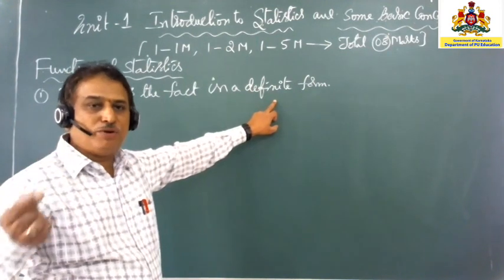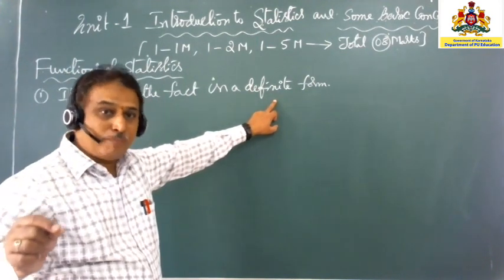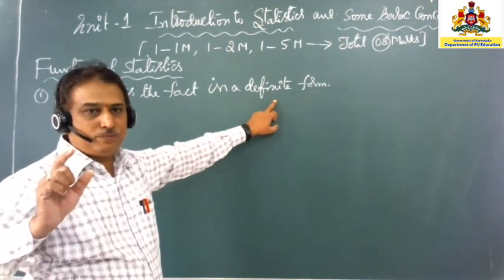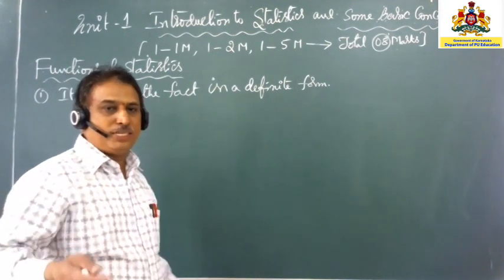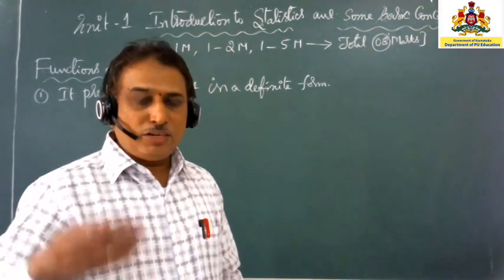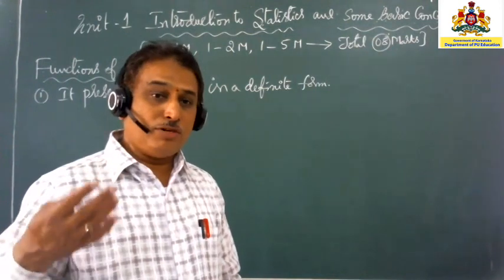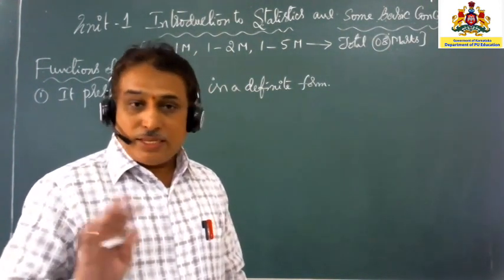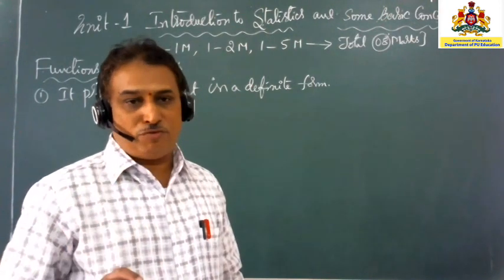That means we have to present the information in terms of numerical only. Suppose I ask a question, how many marks did you score in the SLC examination? If the student says, sir, I scored distinction, I scored first class, here they are not expressing in a definite form.